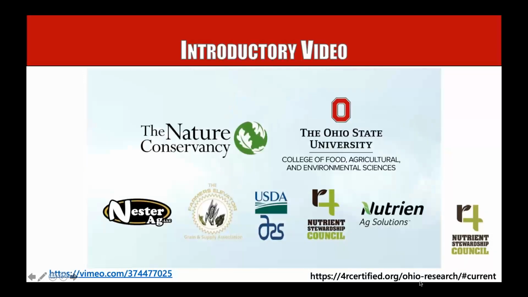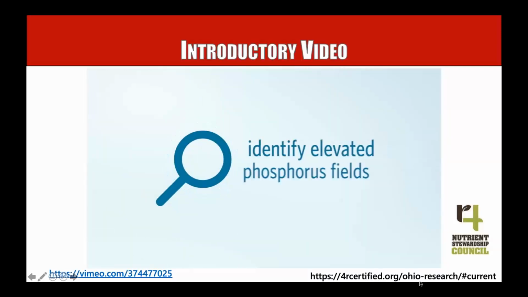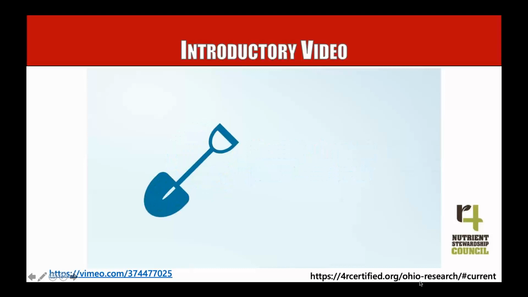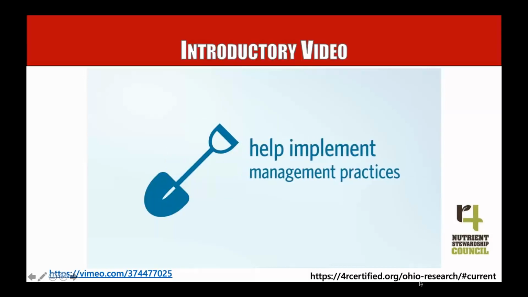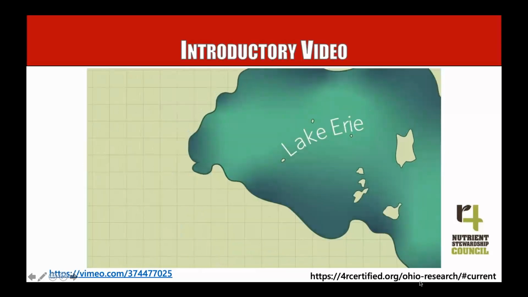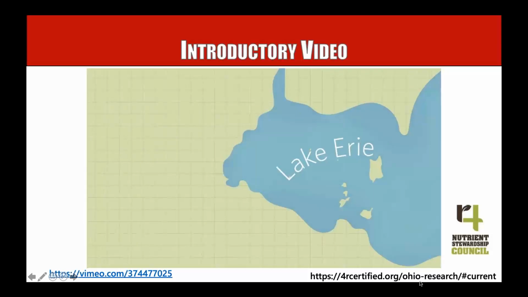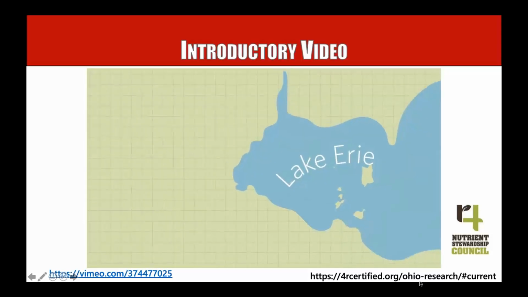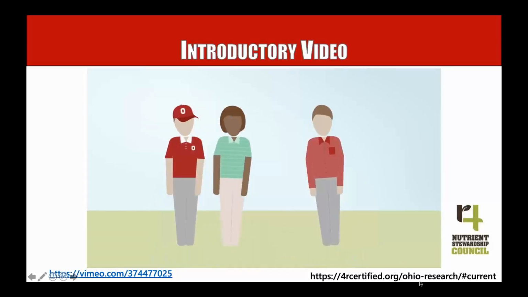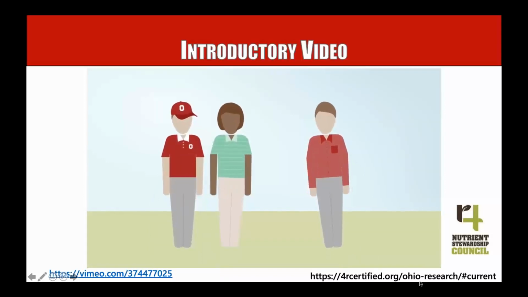A partnership between researchers, nonprofit groups, government, and businesses is working together in a large-scale partnership. The goal is to identify elevated phosphorus fields, help implement management practices, and study their viability and effectiveness. The information and experience gained can be used to scale efforts to the entire Western Lake Erie watershed and beyond. Each farm is different, and we work with each farmer to figure out which practices work best for their land.